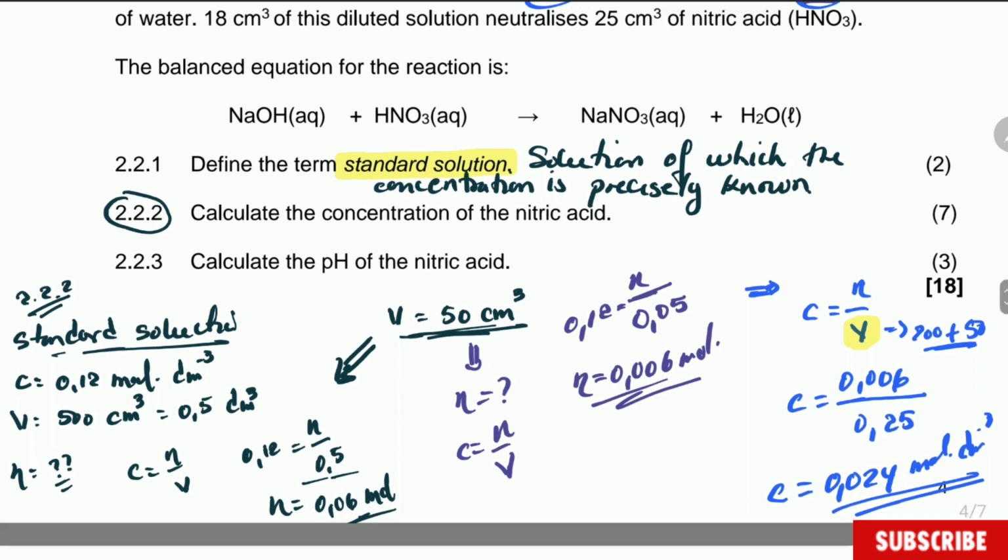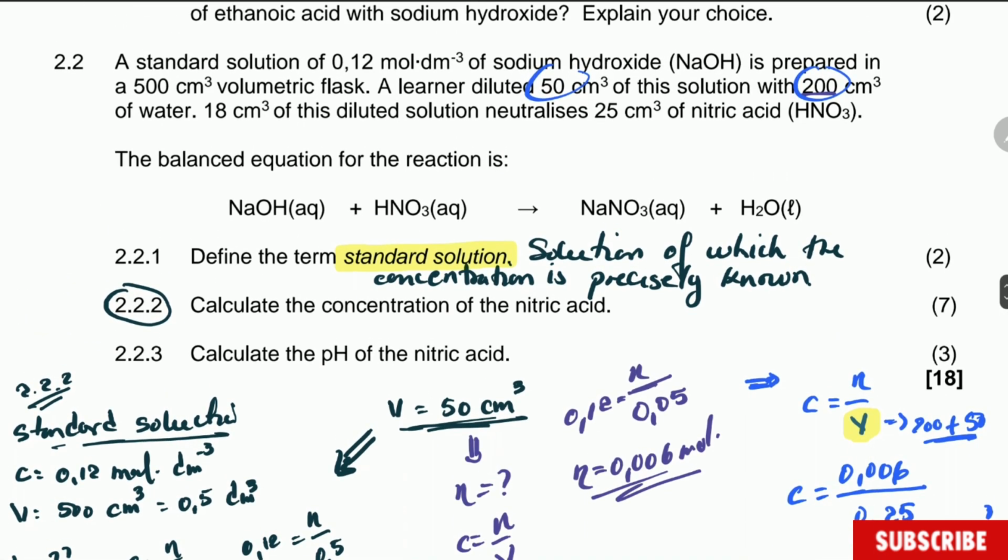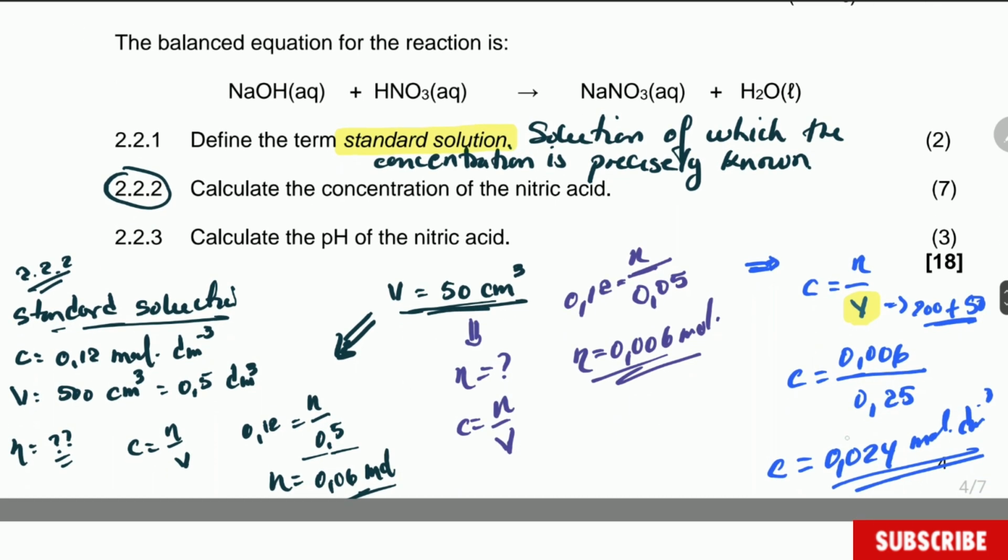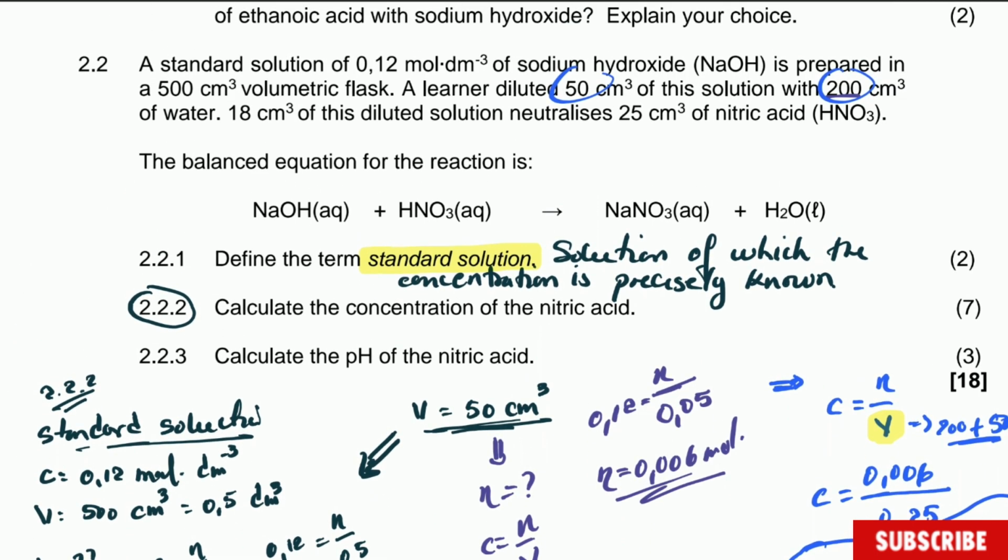This is the concentration of the solution that they use here. So they say here in the question, we're going back to the question, they say 18 centimeter cubed of this dilute solution. So the amount of this one that was used now with this concentration was 18 cubic centimeter of this solution neutralizes the 25.